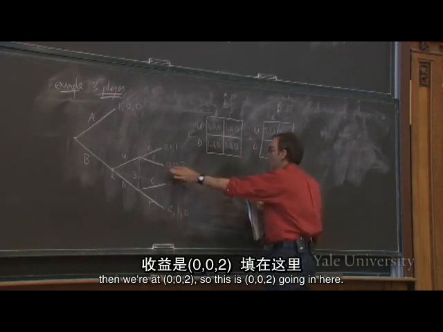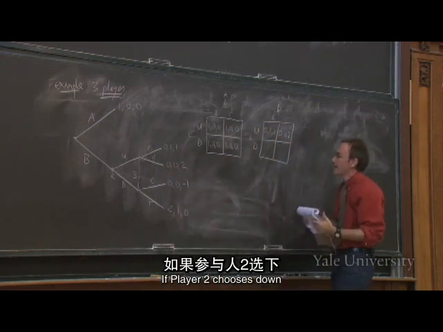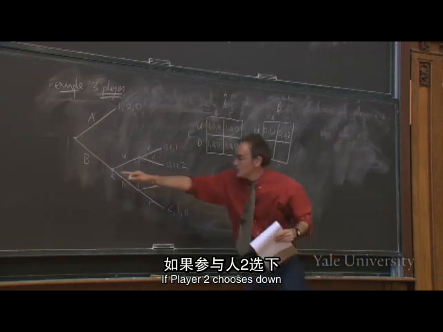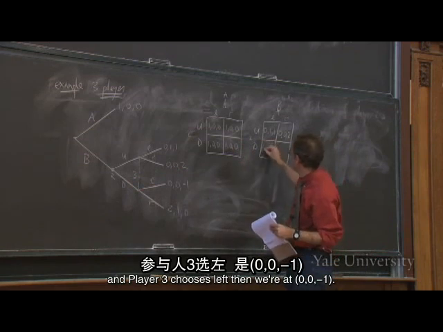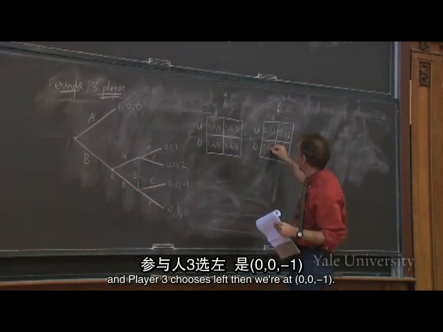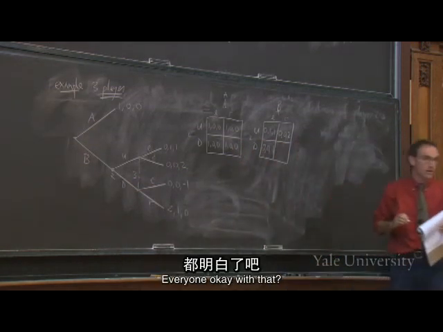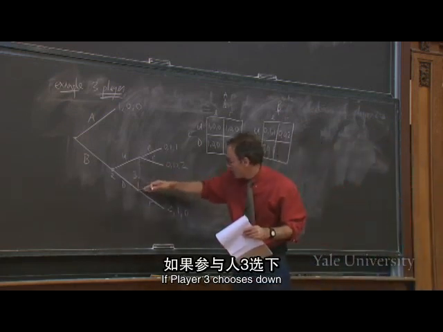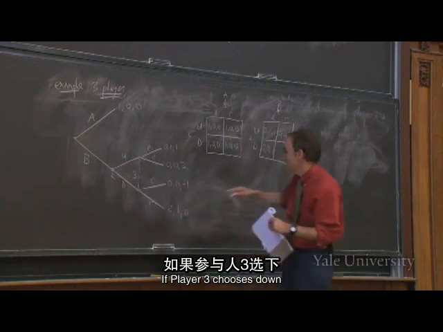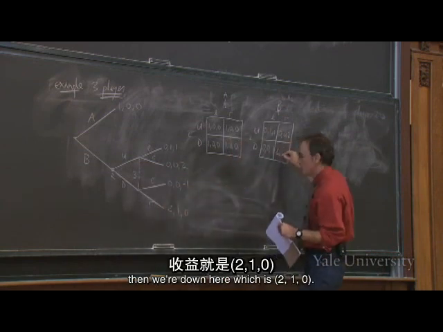If player 2 chooses down and player 3 chooses left, then we're at 0, 0, minus 1. Everyone okay with that? And if player 2 chooses down and player 3 chooses right, then we're down here, which is 2, 1, 0.